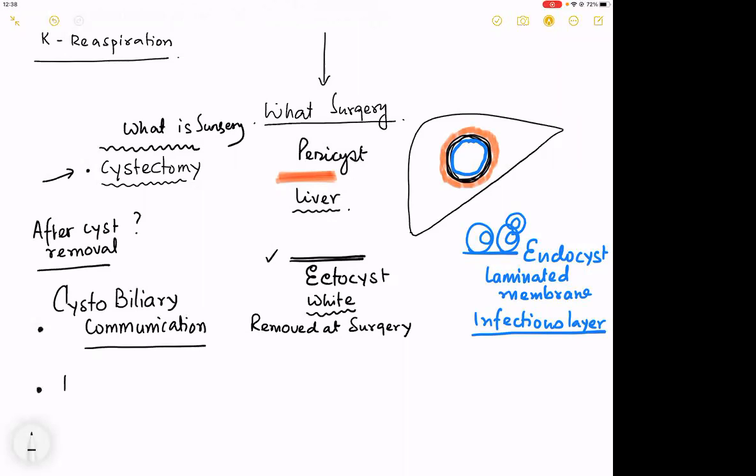And number two, as you have very rightly said, any daughter cysts, either they have been spilled or they are in situ. So this completes your Viva answer.